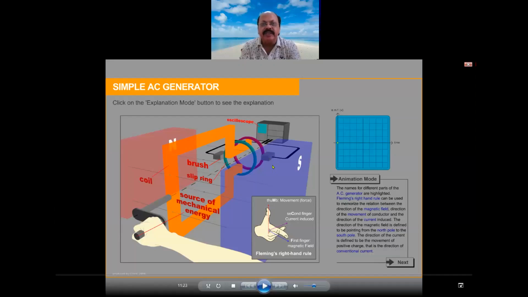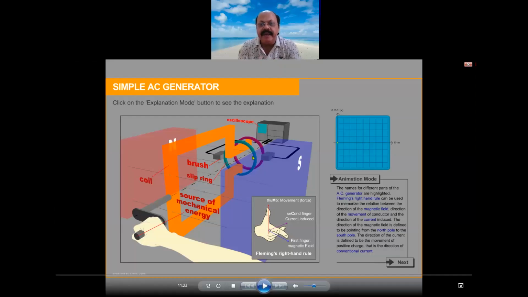Then these two brushes are connected to the external circuit. Here it is connected to the oscilloscope, and there is an axle along the axis of the armature coil. So this is about the different parts of the AC generator which are highlighted in this diagram.